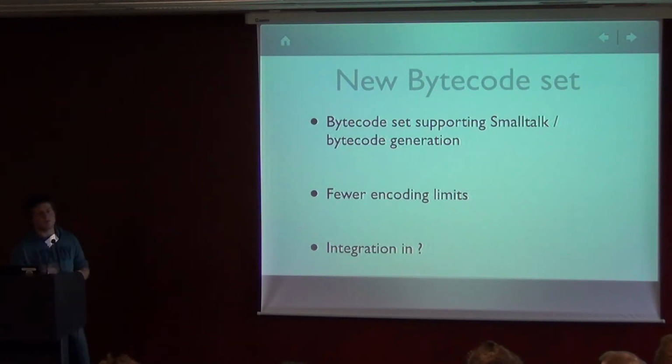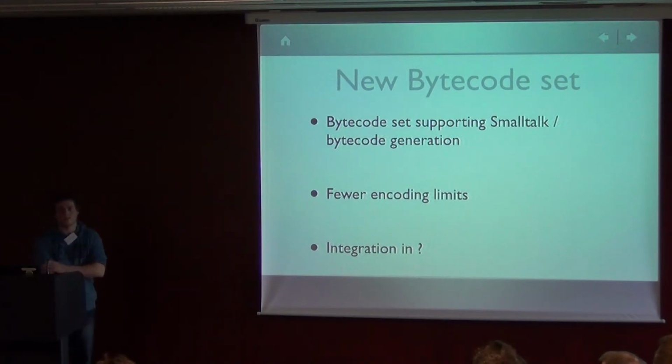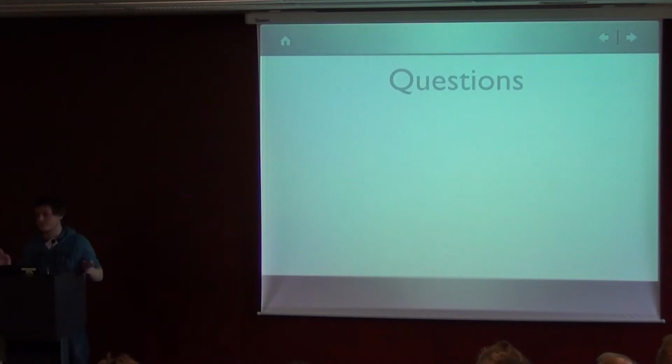For example, when you write ifTrue: ifFalse:, you can write only a limited number of instructions in each branch. For regular Smalltalk code you do not reach those limits, but when you write a code generator generating Smalltalk code, you reach them very quickly. So there will be a new bytecode set so you can do that. Yeah, that's most of it.